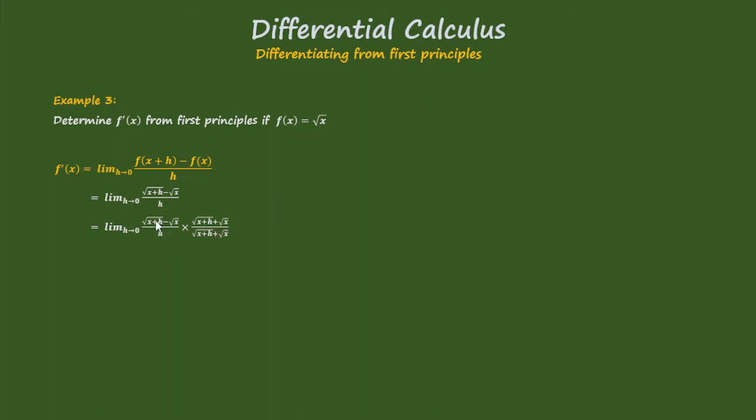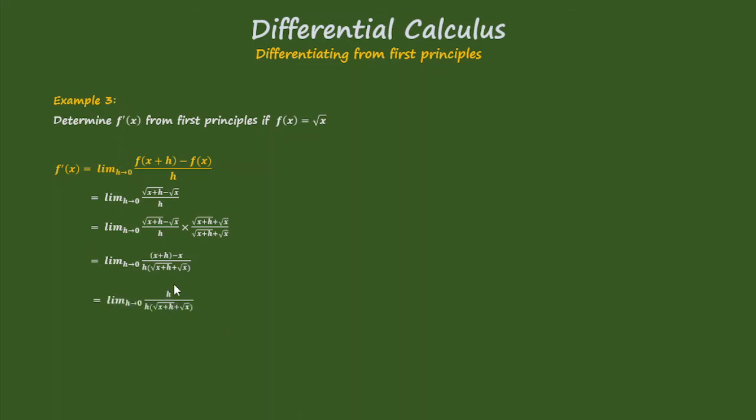When you multiply these two, this is just the difference of two squares. You'll be left with x plus h minus x. And if you look at the numerator, x and minus x will cancel out, and the numerator will just be h.